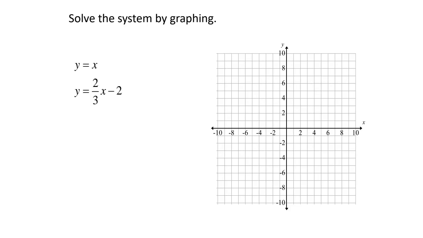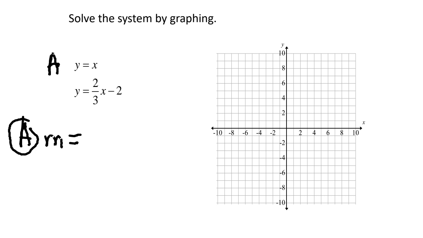Now, it is saying y is equal to x. Well, for question A, my slope, remember that letter M, is 1.